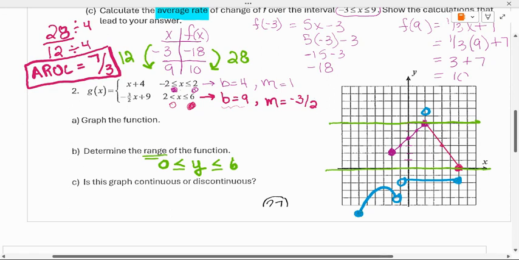And it's discontinuous because at -1, if you look at the blue graph, at -1, both functions, the quadratic function and the horizontal line, neither one of those have a closed circle at -1. Our graph is continuous.